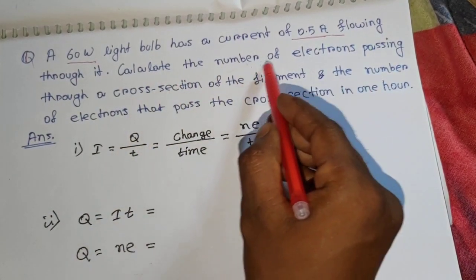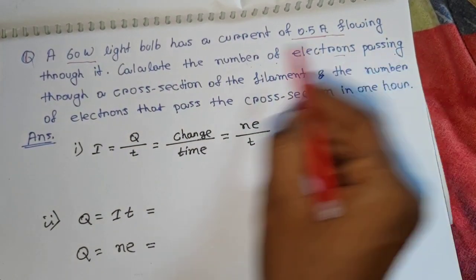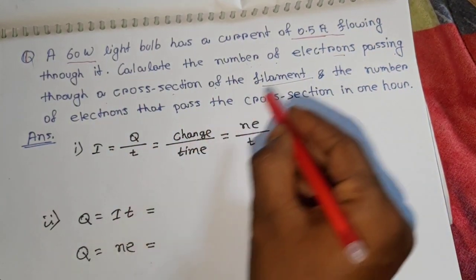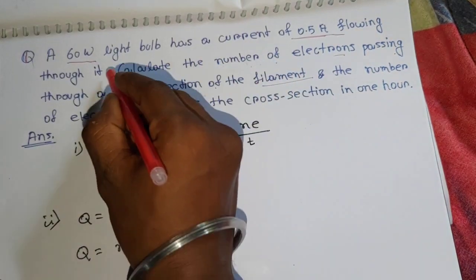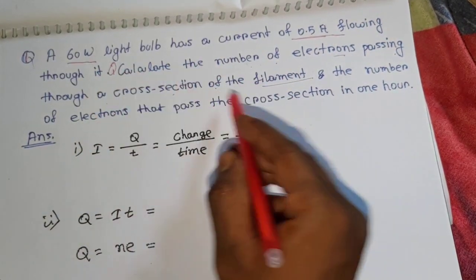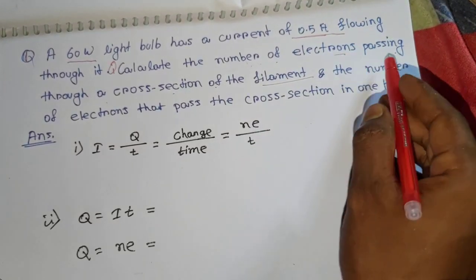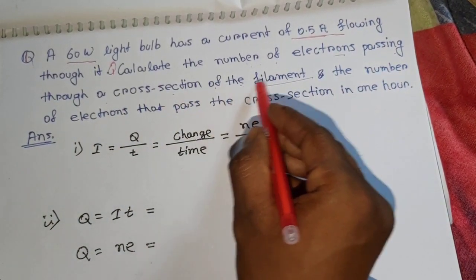First, we have to calculate the number of free electrons passing through a cross section of the filament.